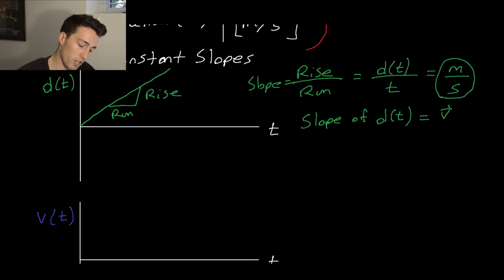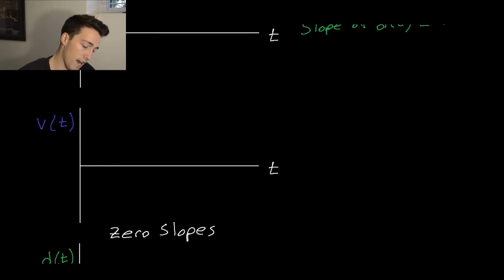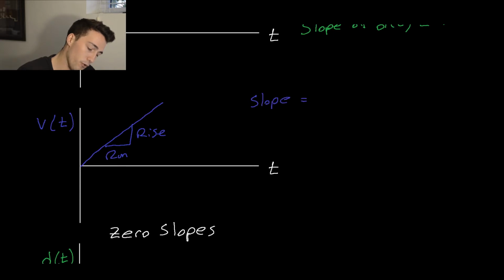Similarly, we're going to scroll down to a v of t graph. If this graph had a slope, we could do the exact same thing. This is going to be rise, and this will be run. Slope is equal to rise over run. Our rise here is just v of t, the velocity component, and our run is just time.